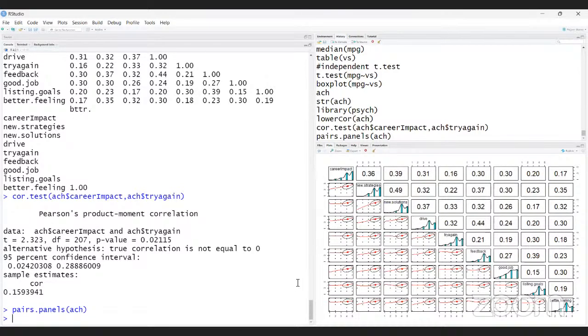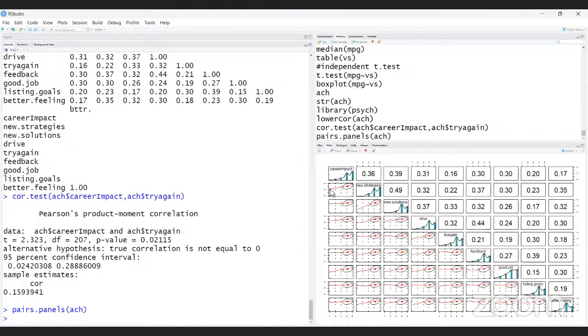Sir, but with these histograms and this regression line, these are very small, how will we interpret it, sir? Which one? Both the regression line and all these histograms. Yes, this is the regression line.